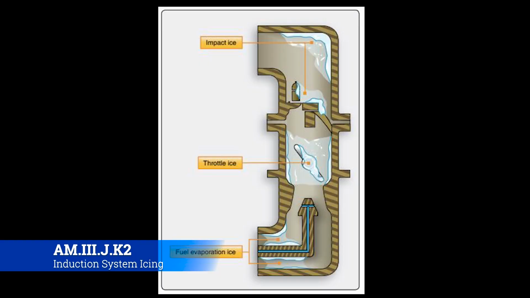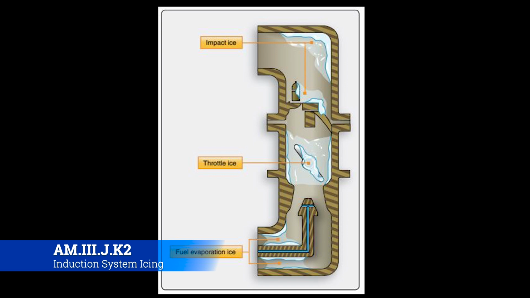So let's talk about why it forms, how it forms, and then what we are going to do about it. Now, there's three types of induction system icing that we have to be wary of. First off is impact ice. As the plane flies along, effectively what you're doing is giving that air, which has a high moisture content and is sufficiently cold, a place for ice to form.